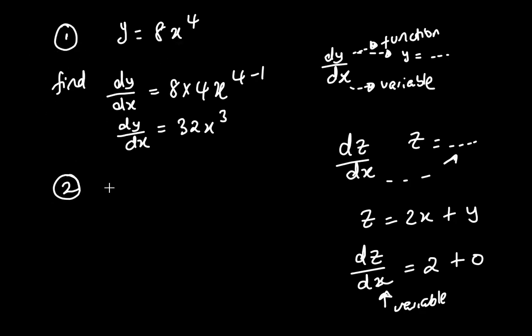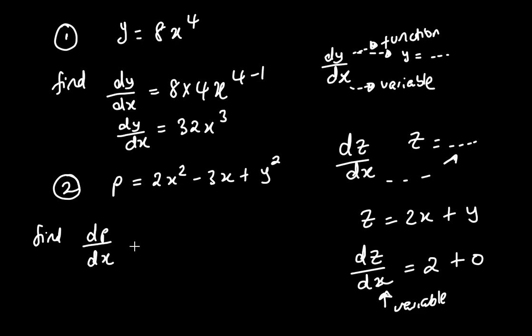Example number 2, let's just say you have p is equal to 2x squared minus 3x plus y squared, right? Then they say find dp over dx.